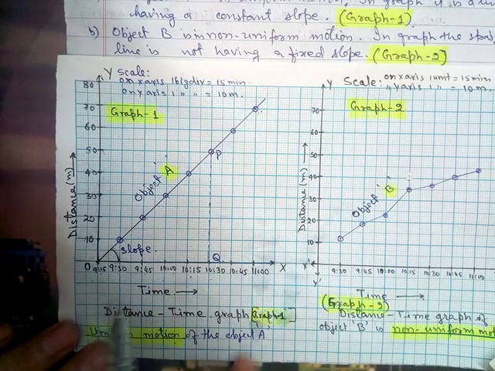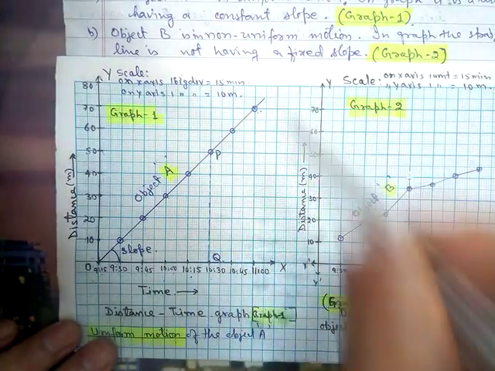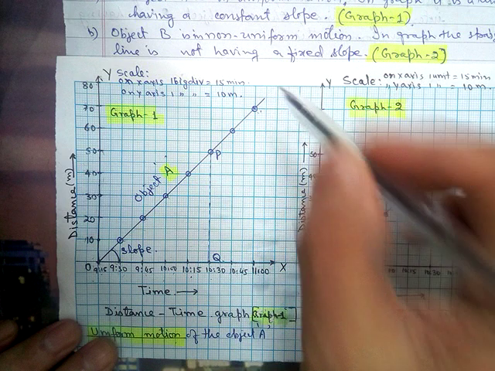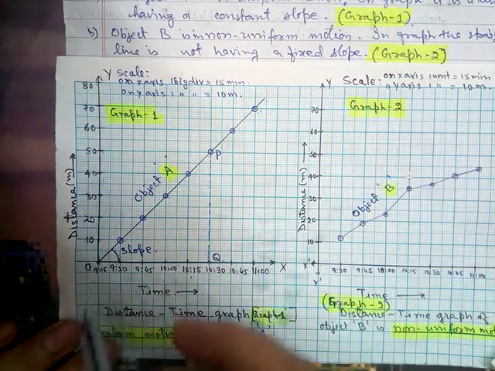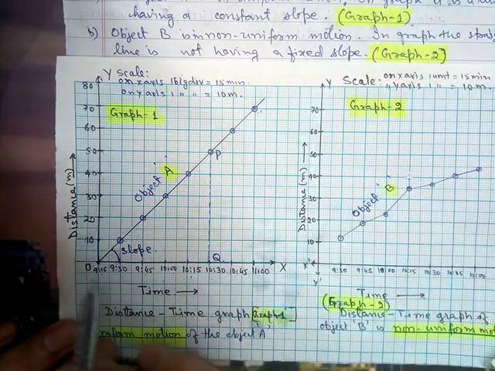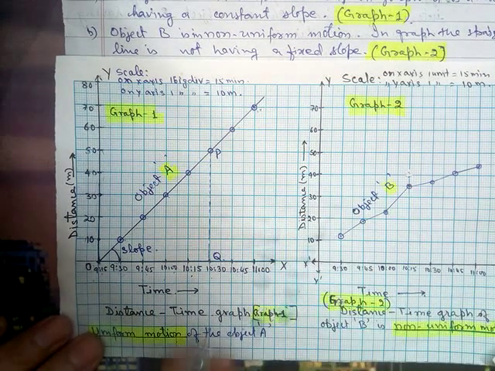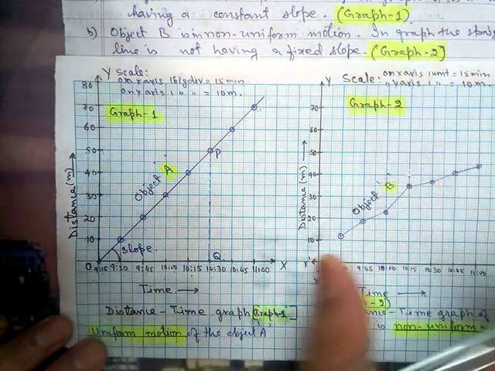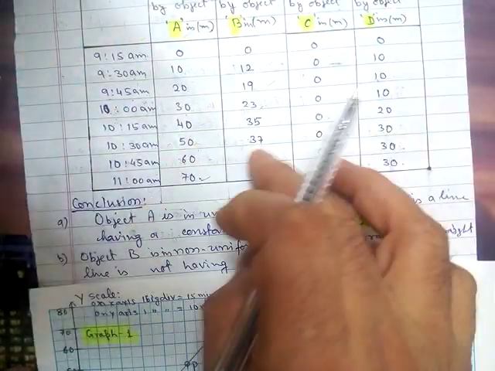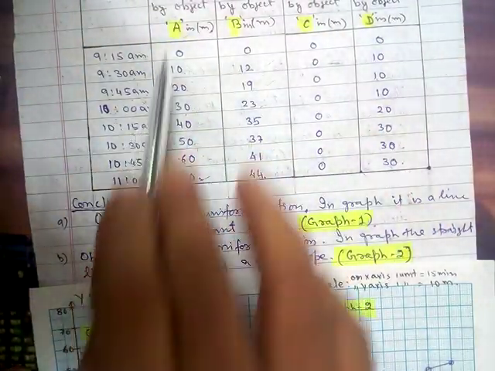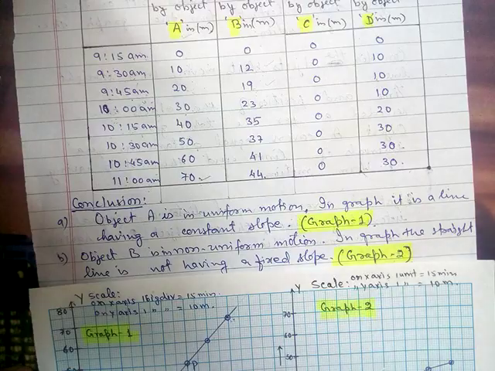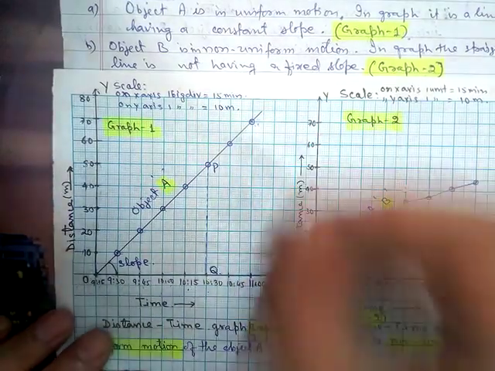Now in this graph, when we join these points we get a straight line, and this straight line is inclined to the x-axis. Why? Because we have seen from the data that object A is having uniform motion, and thus by plotting the distance time graph we are getting a straight line.